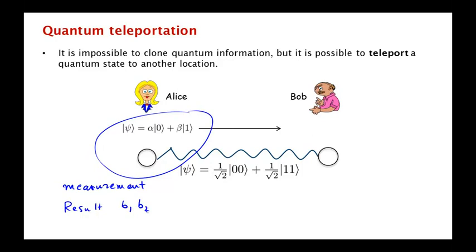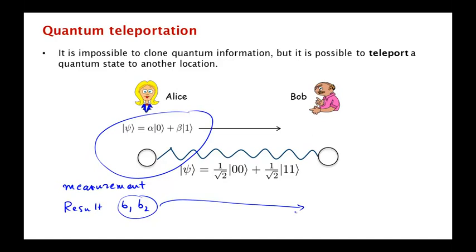So now she picks up the phone and calls up Bob, and she transmits these 2 bits across to Bob by phone. At this point, you might think, Alice, what did you do? You've destroyed your qubit.